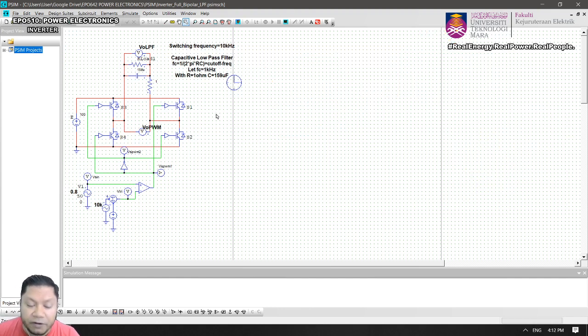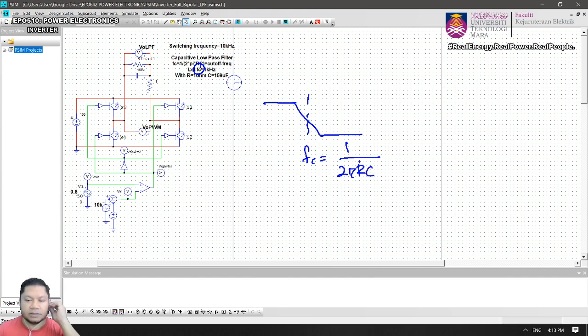And to get the corner frequency, this is known as the corner frequency. Remember, this is a low pass filter, so there is a corner frequency somewhere there. To design the corner frequency, that will be 1 over 2 pi RC. So that is the calculation to get the FC.